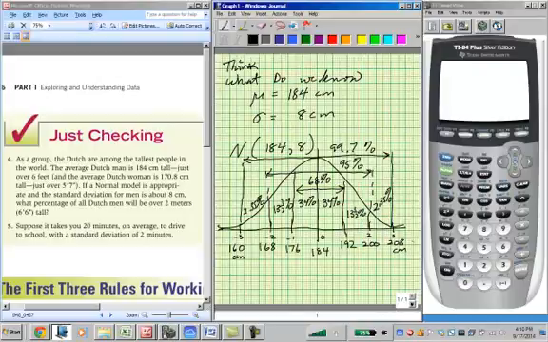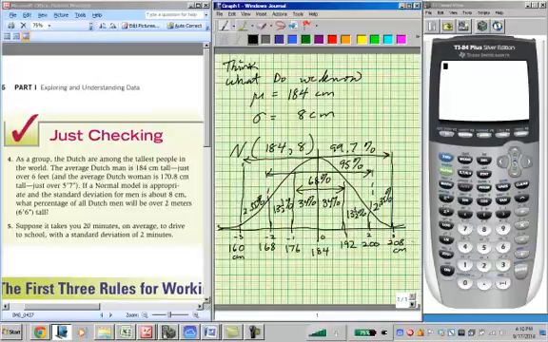And 99.7% is approximately between -3 and +3 standard deviations, in the case of the Dutch men, between 160 and 208 centimeters tall.